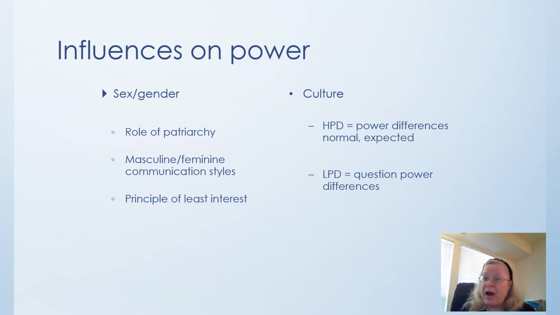In a low power distance culture, remember the US is one of these, we consider ourselves close to power and able to interact with power and criticize power. We don't expect power differences. We question power differences. We question, why does that person get to dictate what I can do?